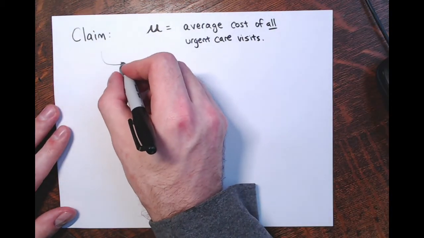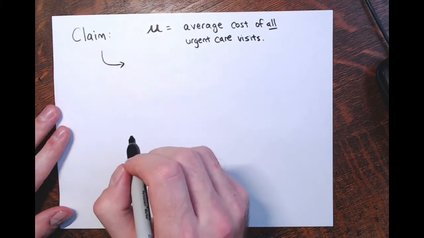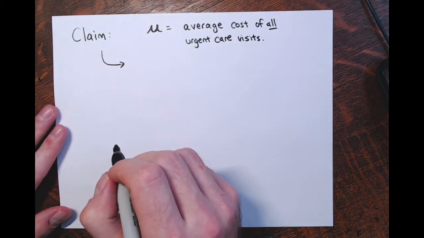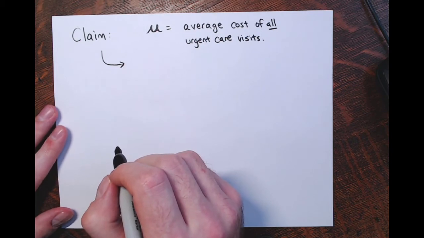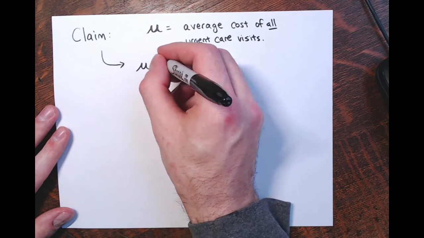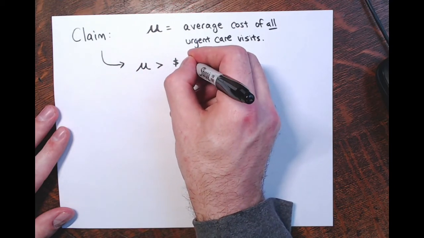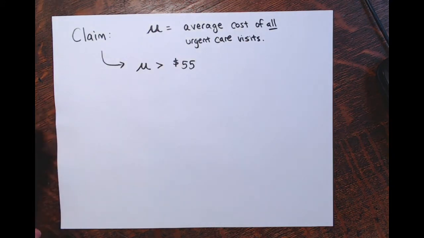And then the claim, what this particular person expects or suspects. They expect the average cost of a visit to an urgent care clinic is more than $55. So the claim being tested is that the mean value, this average cost of all urgent care visits, is greater than $55.